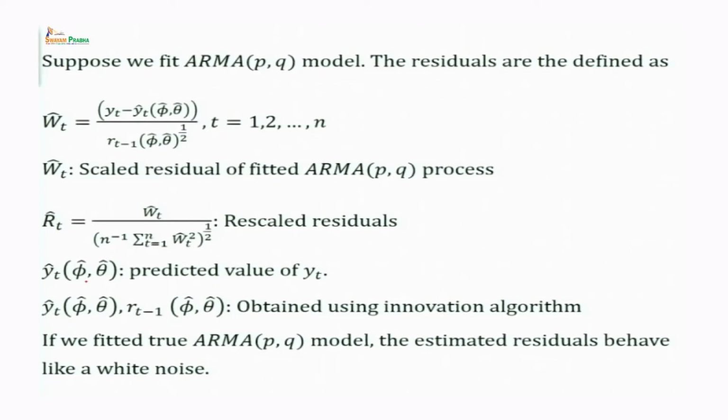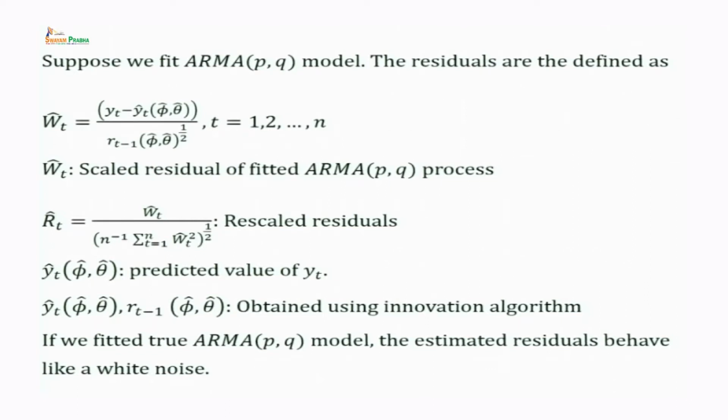Y hat t(phi hat, theta hat) is the predicted value of y t, and it and r t minus 1(phi hat, theta hat) can be obtained using the innovation algorithm, which we have discussed in the last lecture.